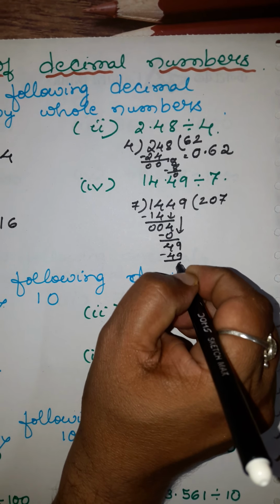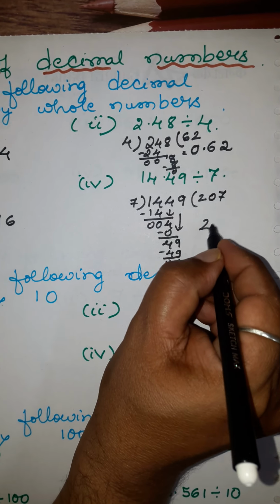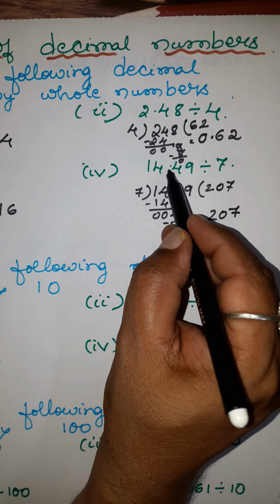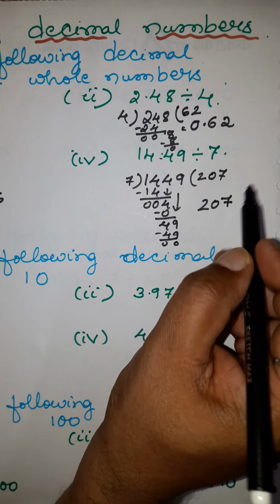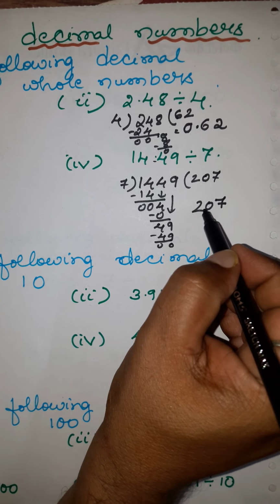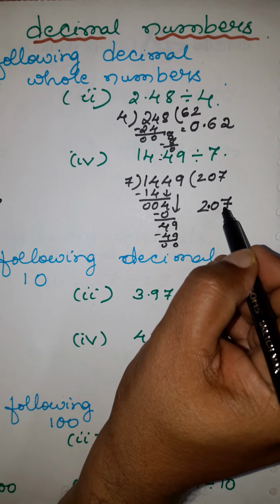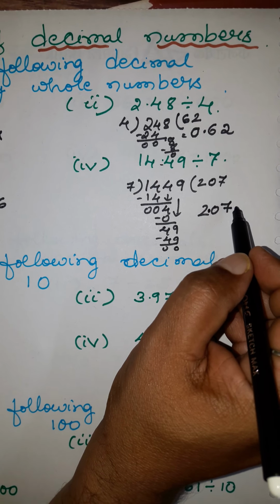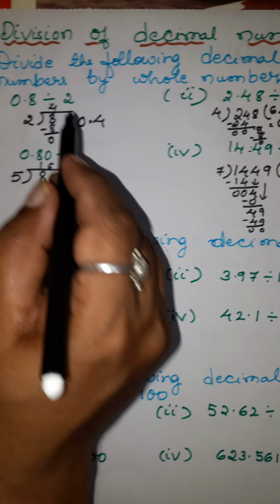So subtract, 0 0. 207. Now in the dividend after the decimal point two places are there. Here from right to left count two places and put the point. The answer is 2.07.